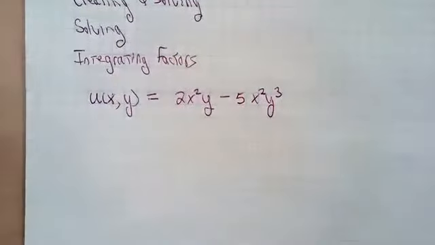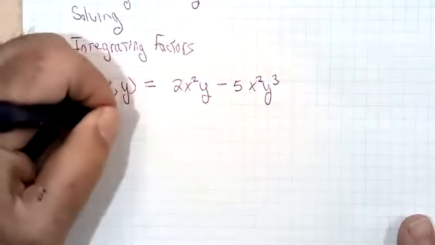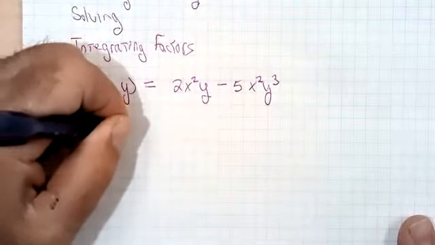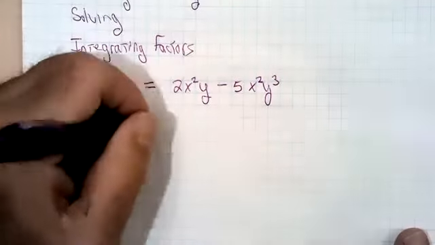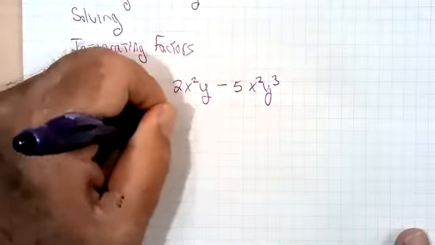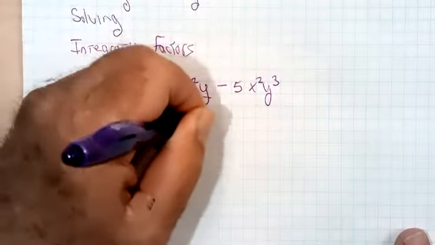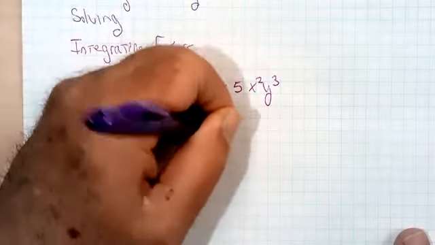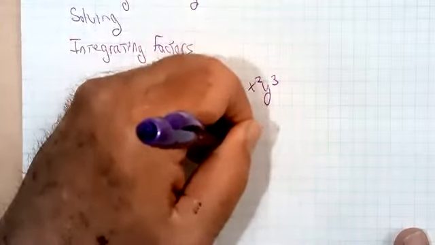Now, there is a differential that you learn in multivariate calculus called the total differential of u. And its formula is simply this. It's the partial derivative of u with respect to x, dx, plus the partial derivative of u with respect to y, dy.